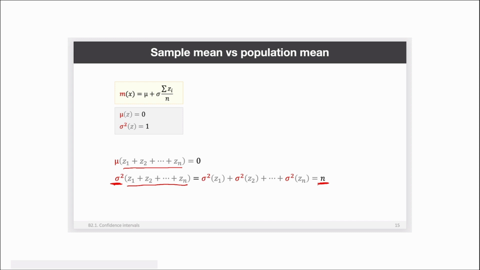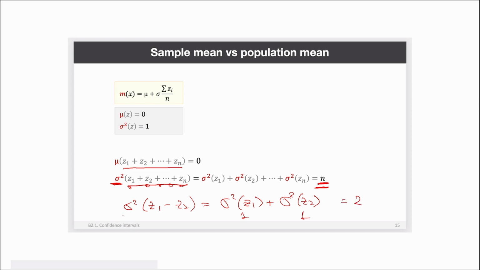But if you take several z-scores and compute the variance of the sum of these z-scores, or the difference of the z-scores, then the variance will be equal to n. Where does this n come from? It comes from the sum of n z-scores, right? So if you have, for example, the sum of z1 and z2, it will be the same as the variance of z1 plus the variance of z2, right? And remember, this is 1, and this is 1, which is why we get 2.